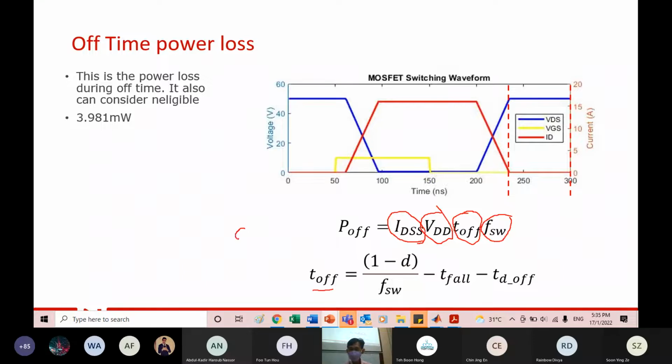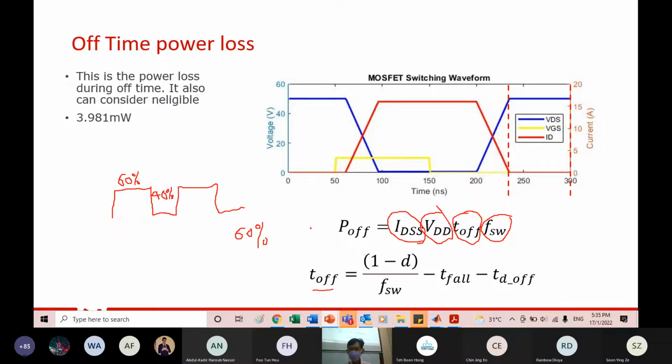So we know that a 60% duty cycle means that your switching pulse is 60% on, 40% off, 60% on, 40% off. So this is 60%, and we know that the off time here will be 40%.